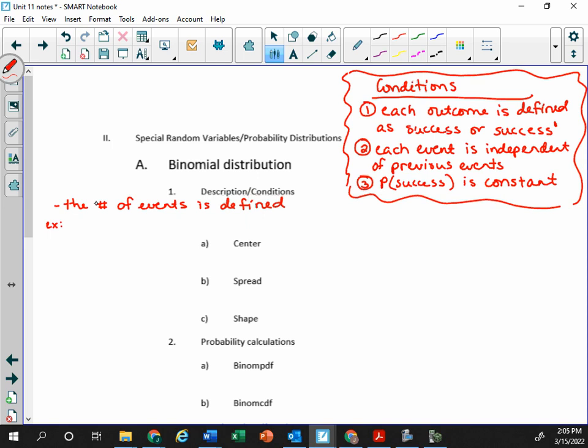What you're looking for is that we are interested in the number of successes in a certain number of events.